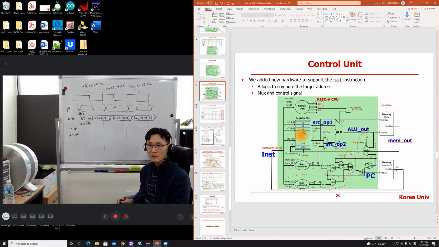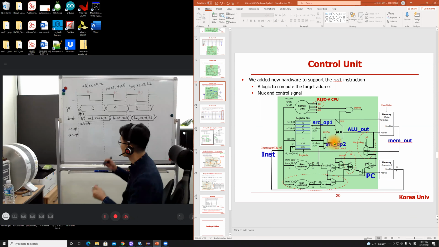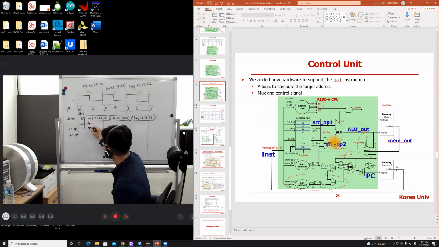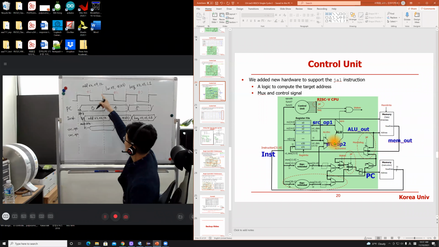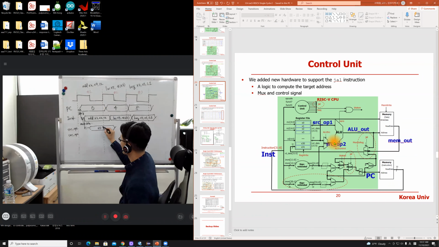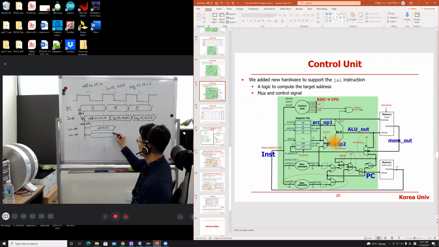You have to access the register file to get the first source operand, and you need to go through the sign extension logic and multiplexer to get the second source operand. So after some delay, the source operands will be available like this. The first source X0 is 0, and then after sign extension and multiplexer delay, the constant 12 will be available.